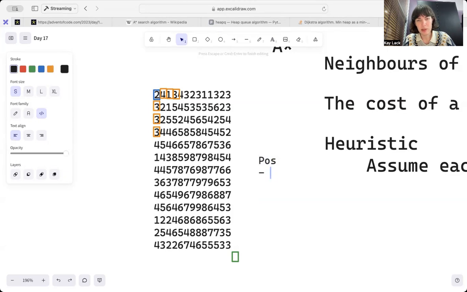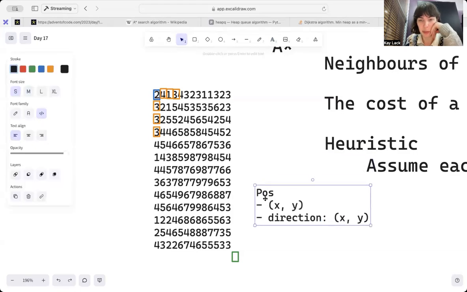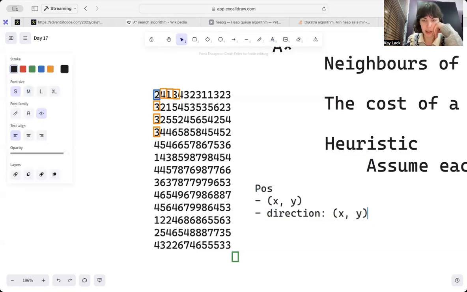We do care about the X and Y. We care about the direction, which is itself an X and Y. Or it could be, it doesn't necessarily have to be, but I like to represent it that way.